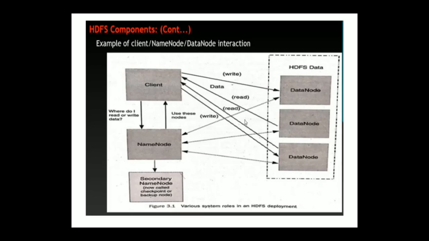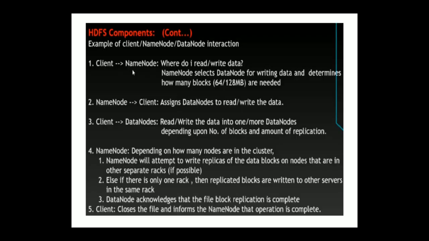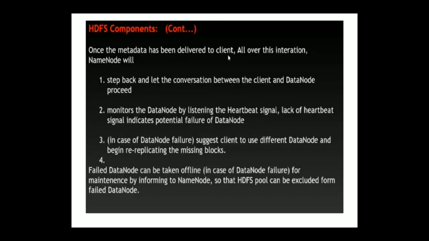The actual metadata will be with the name node, so the name node and the data node have to communicate. In almost all Hadoop deployments, there is a secondary name node, which is also called the checkpoint node. It is not an active failover node and cannot replace the primary name node in case of its failure.